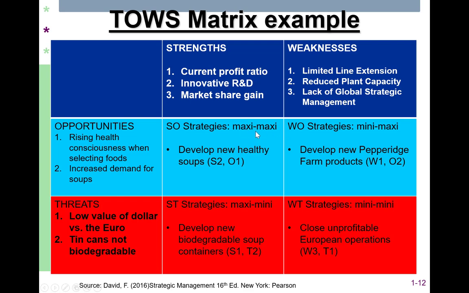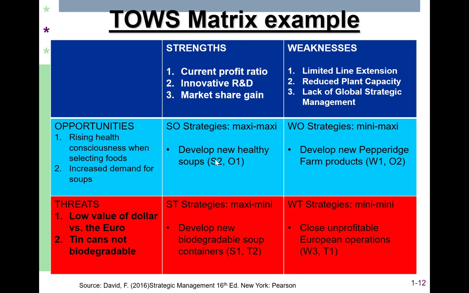Maxi. These are the big hitters, most promising, to take advantage of the external opportunities by using our strengths. Okay, so they looked at this strength, innovative R&D, with this particular opportunity, rising health consciousness. Develop new healthy soups. That is a strategy.